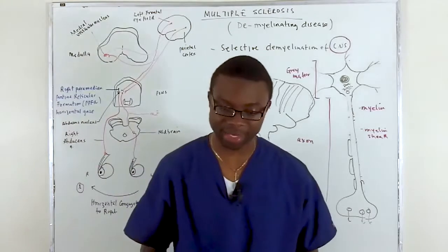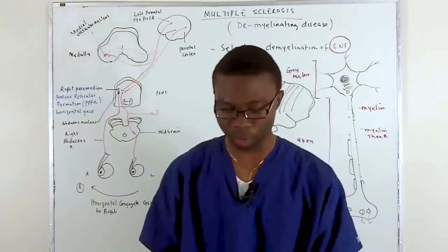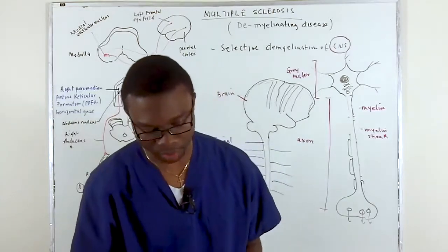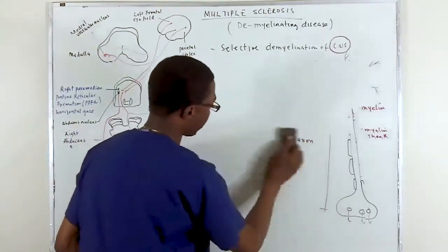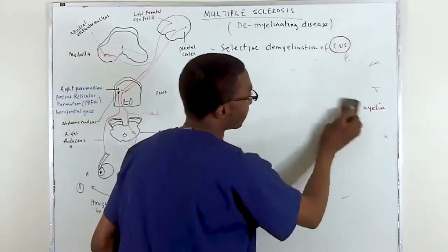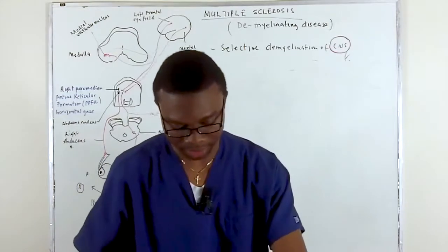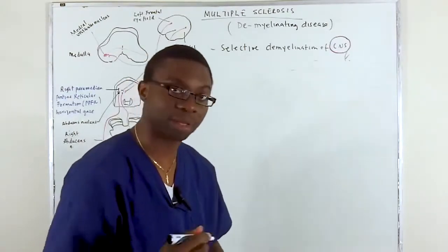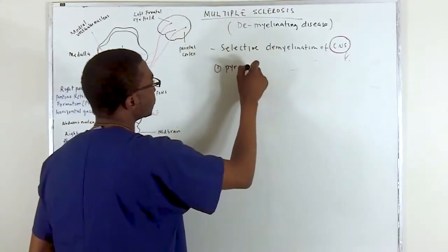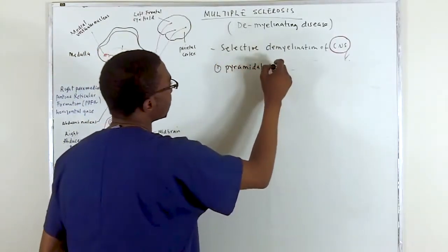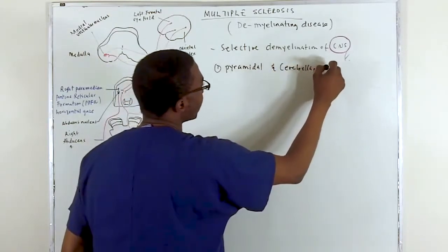Now, there are common tracts that are actually affected when patients have multiple sclerosis. We're going to talk about some of them. Some of the tracts that are affected are the pyramidal and cerebellar pathways.